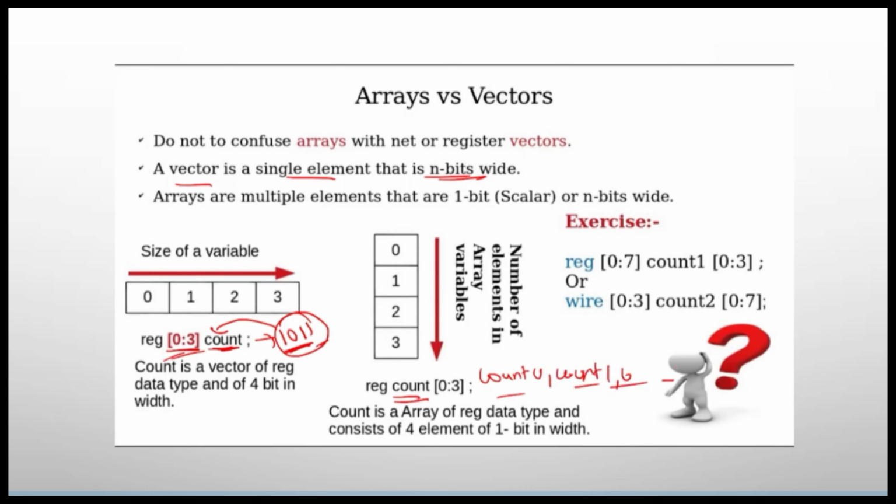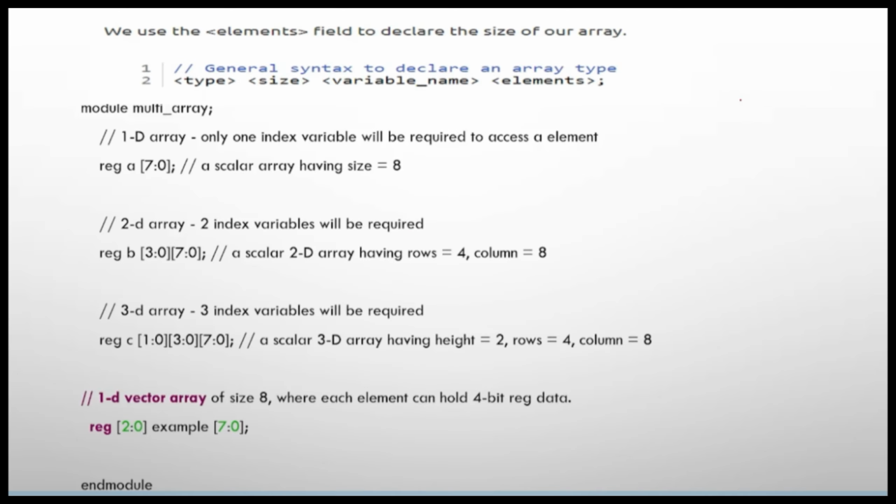So 4 elements where each element can hold 1 bit. In this example, having 4 elements, what are those elements? Count 0, count 1, count 2, count 3, where each element can hold 8 bits. Clear? So this is the differentiation between vector and array.